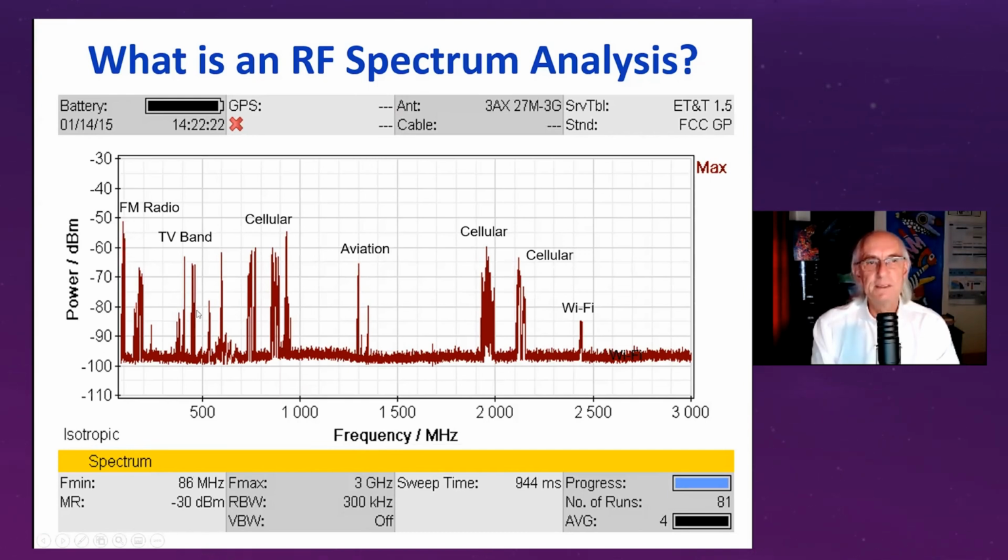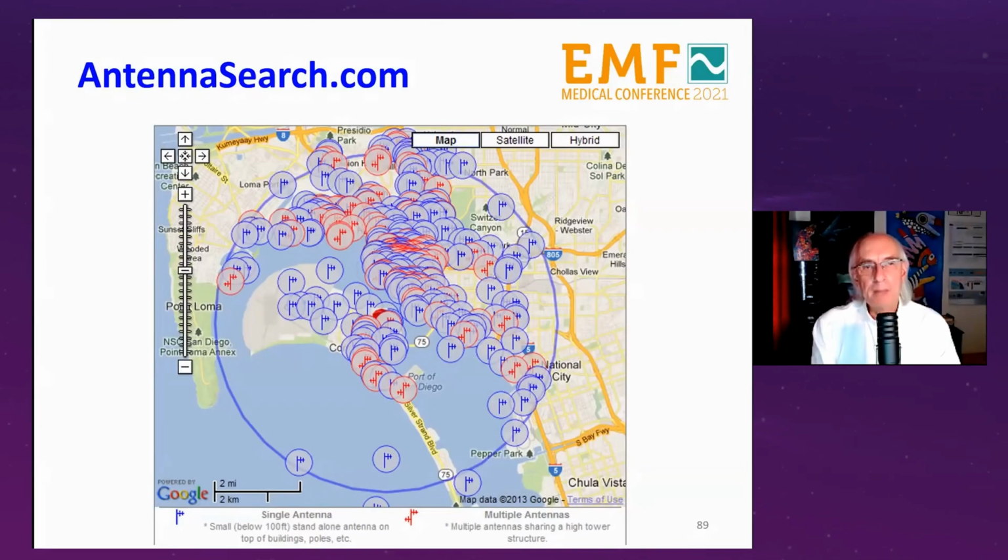These are TV stations. These are cellular bands. This is from a transponder from an airplane which flew overhead while we were doing our measurements. And here are cellular bands, and here is the Wi-Fi. So a spectrum analyzer allows us to really identify what sources are there and to which magnitude they are there, right? Are there other ways?